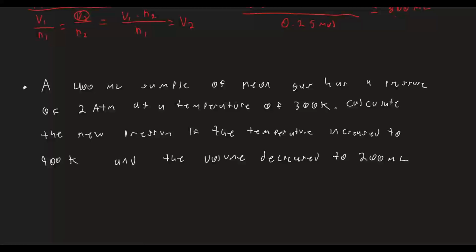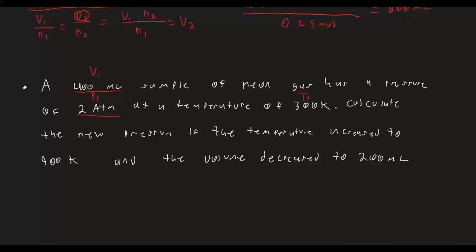So let's see, what does this question want? We have an initial volume. Because it says a 400 milliliter sample of neon gas has a pressure of 2 atmospheres, so this is probably the initial pressure. At a temperature of 300 Kelvin, so we have a T1.